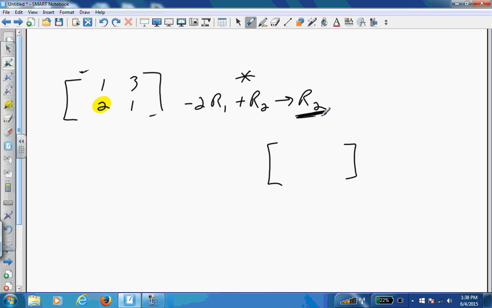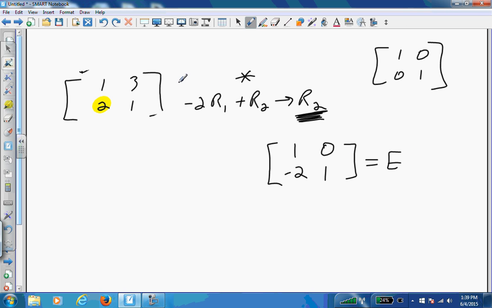For a 2 by 2 identity matrix, the first row is 1, 0. Let's jot down the identity matrix for reference. So if we do -2 times the first row plus the second row, that's -2 plus 0, -2 times 0, 0 plus 1 is 1. So this is an elementary matrix that does that particular operation.